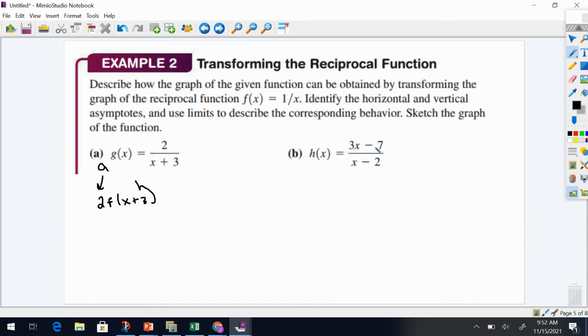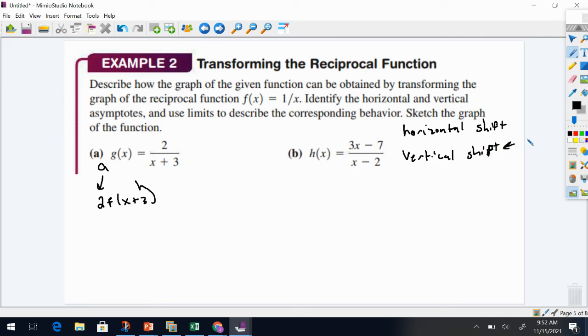So what they did for this example, and this is the one thing I want to make sure I show you: you should all be able to tell me right now the horizontal shift and the vertical shift just by looking at this graph.